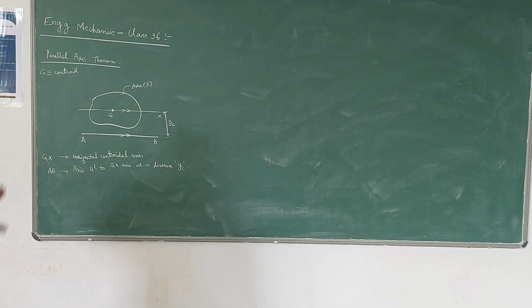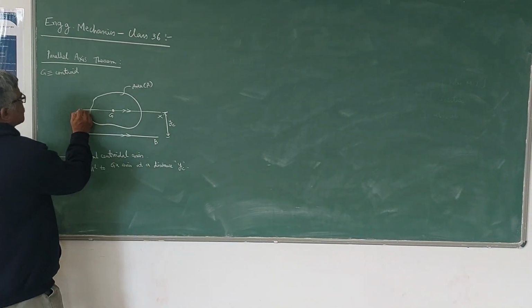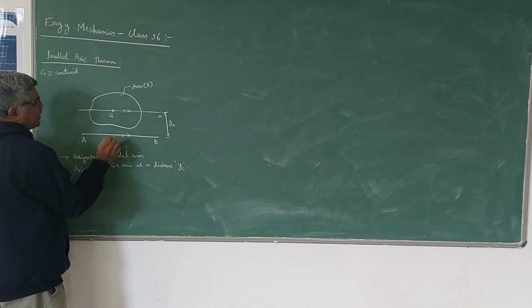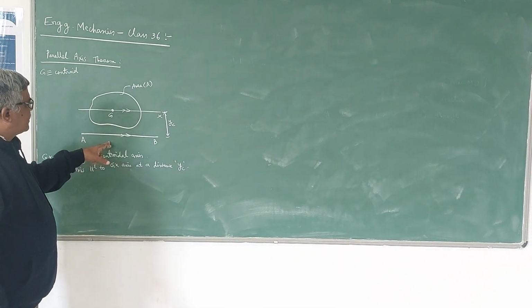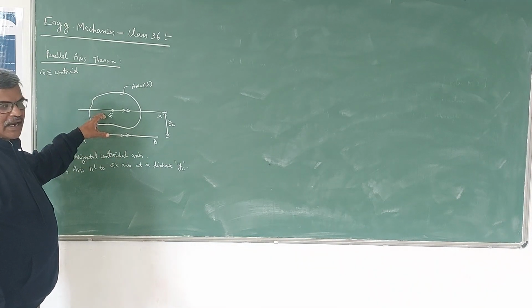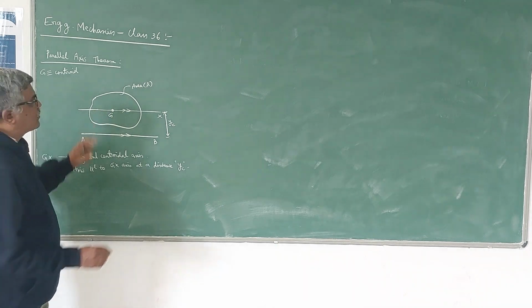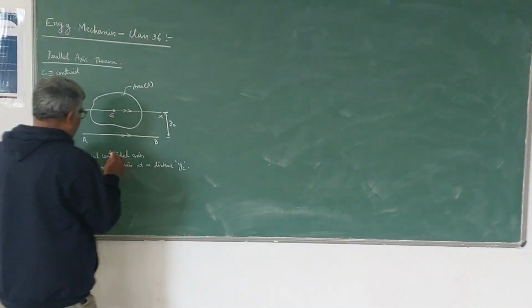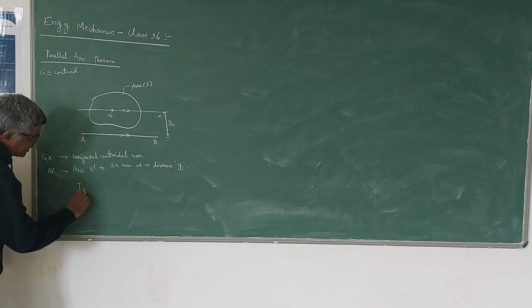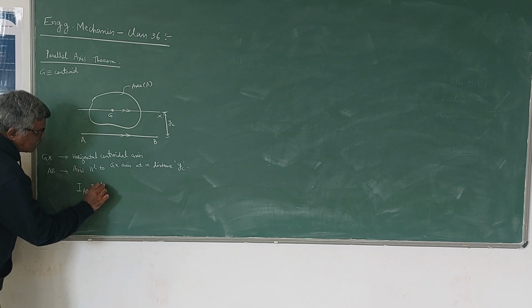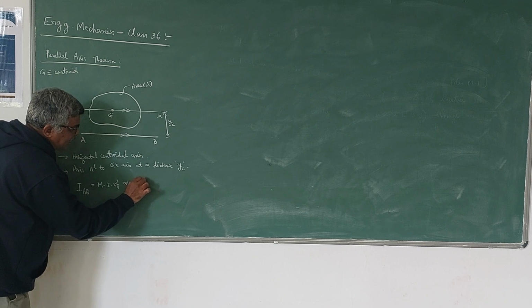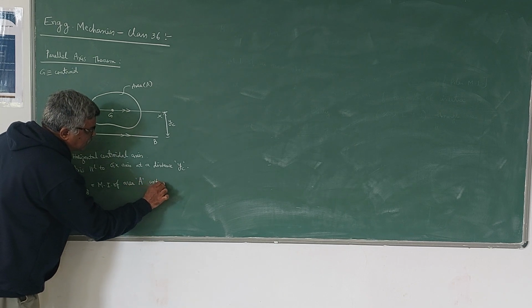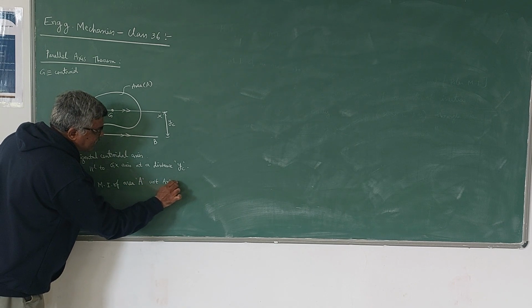Now, this parallel axis theorem is used to find the moment of inertia about any axis which is parallel to the centroidal axis. Suppose I want IAB here. IAB is the moment of inertia of area A with respect to axis AB.